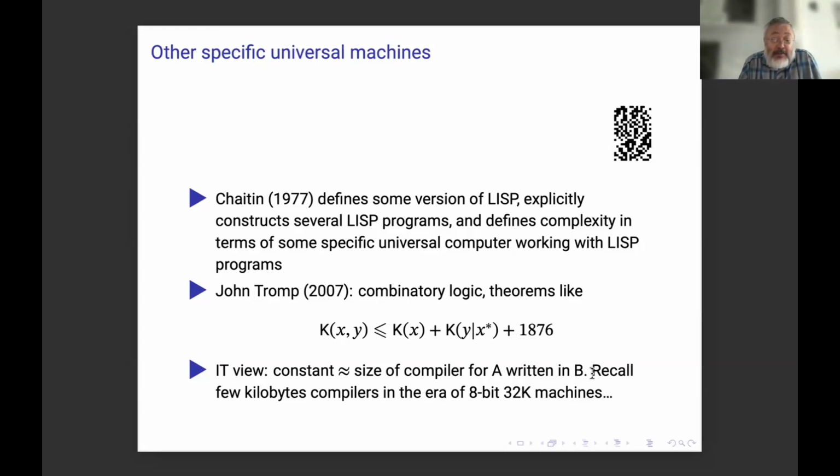So there were compilers which took only a few kilobytes. A kilobyte is tens of thousands of kilobits, but still it's not that big compared to Tromp's efforts.